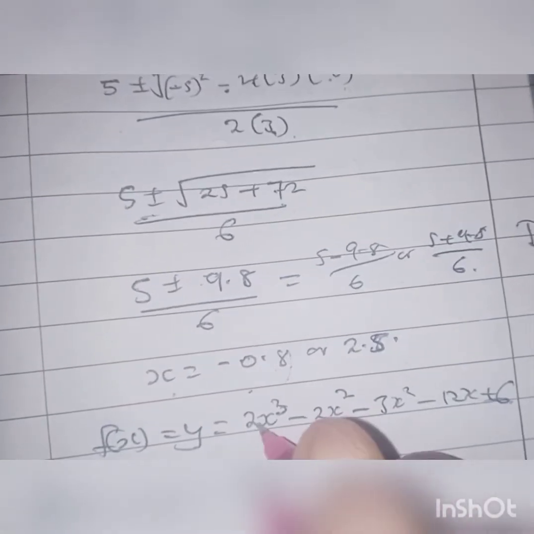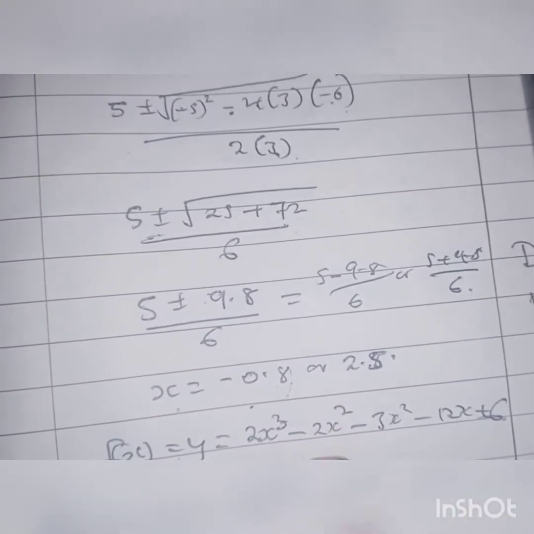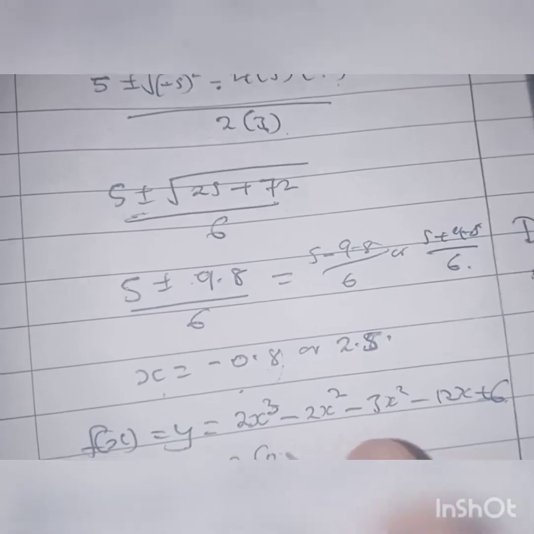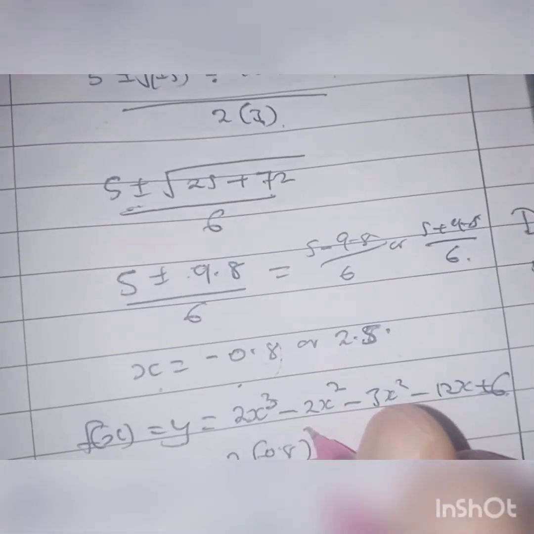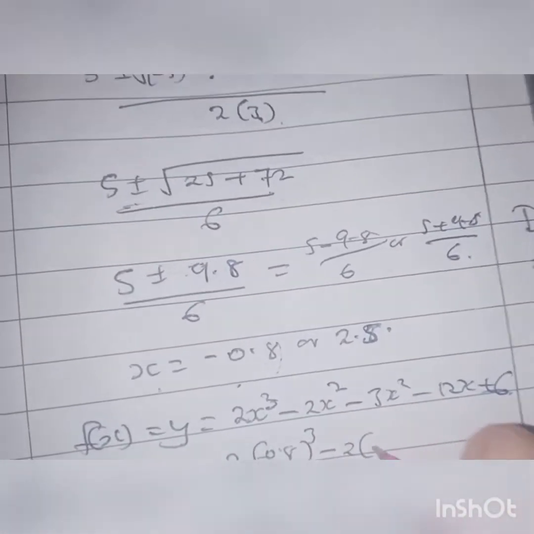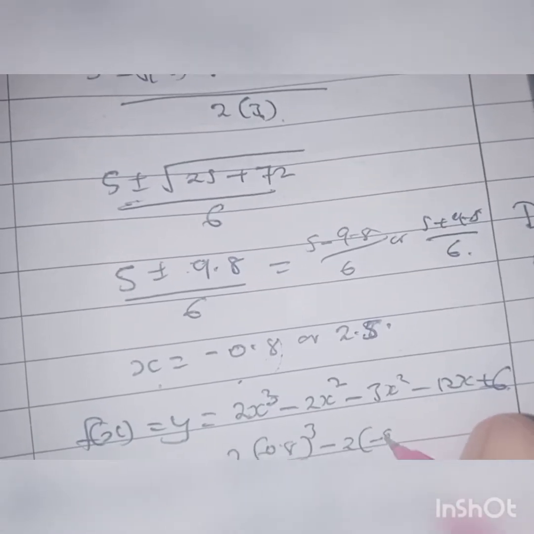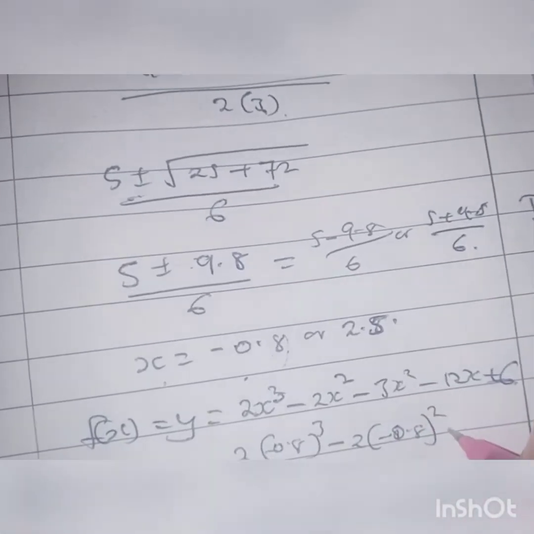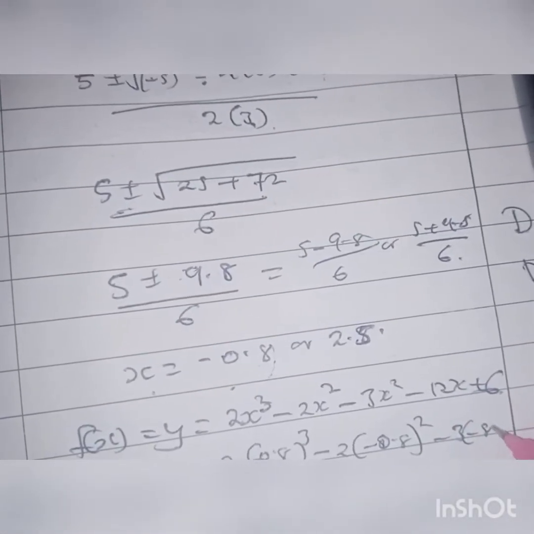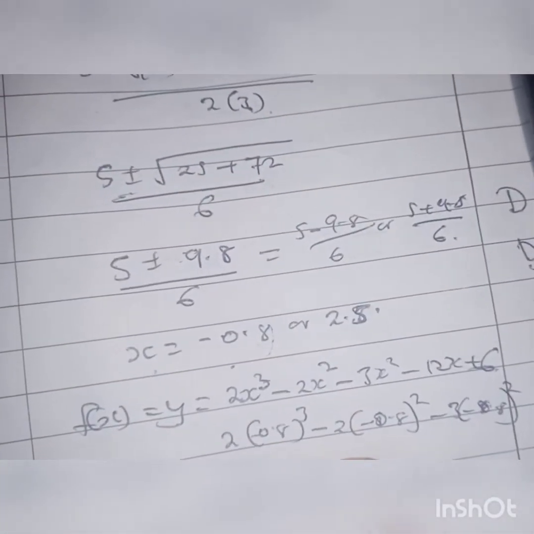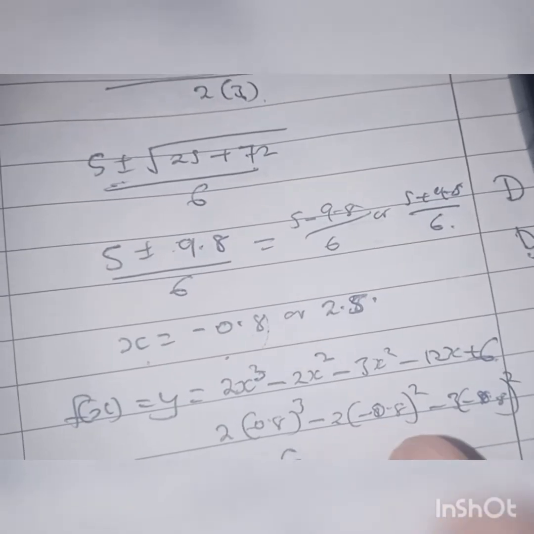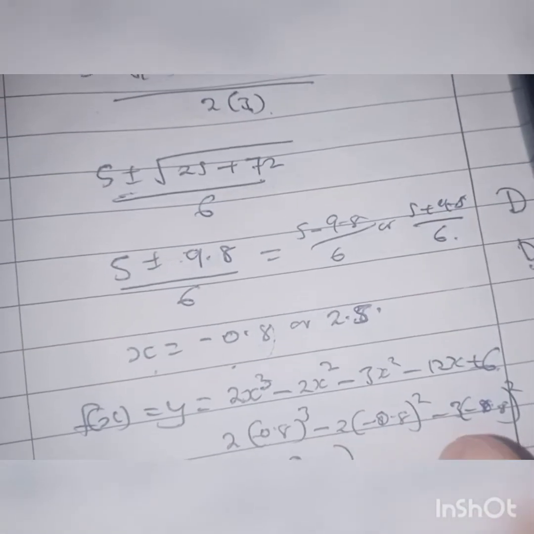It will be 2 into negative 0.8 cubed, then minus 3 into negative 0.8 squared, minus 12 into negative 0.8, so plus 6. You can just use your calculator.